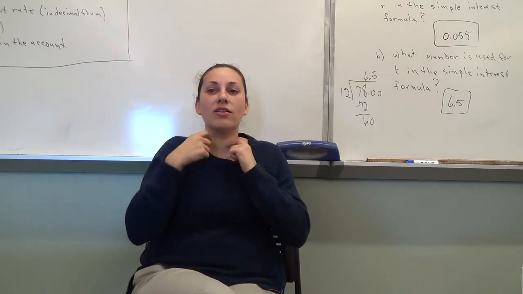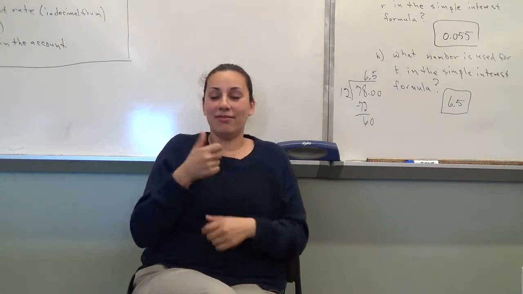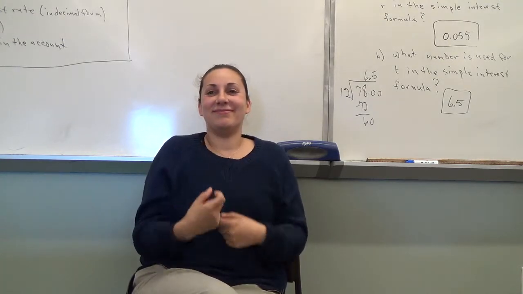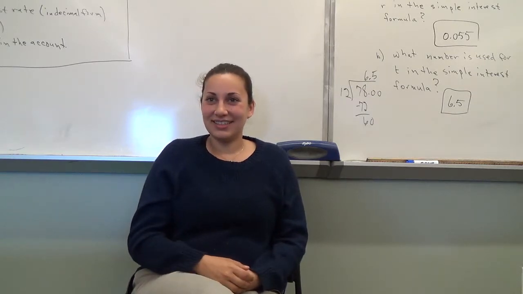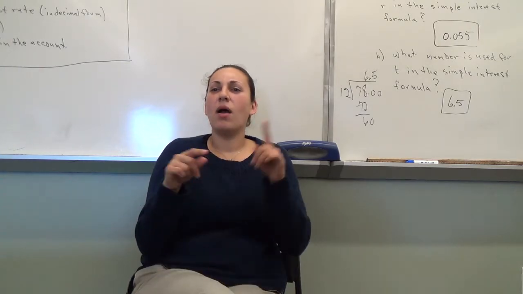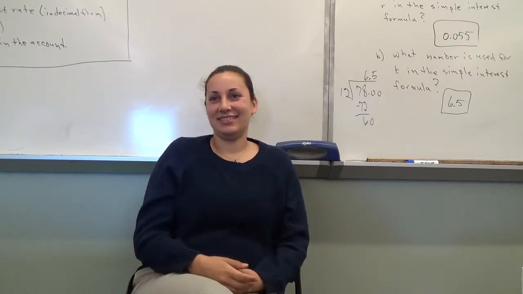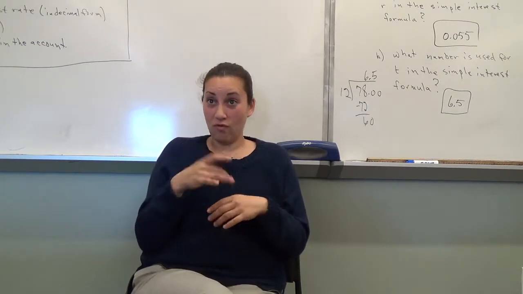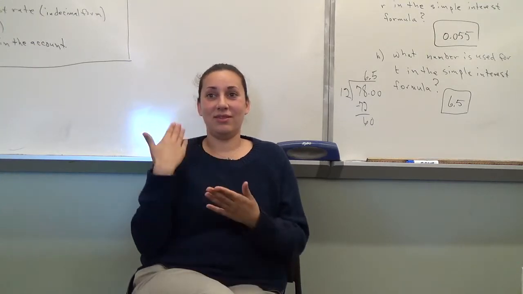Everyone see what's happening there? So it's not nuclear physics or black magic, it's just crunching some numbers. But that's the key part here, that the principal is changing from year to year. And it's changing by adding on the amount of interest at the end of that compounding period. So it gets bigger and bigger as you go along.